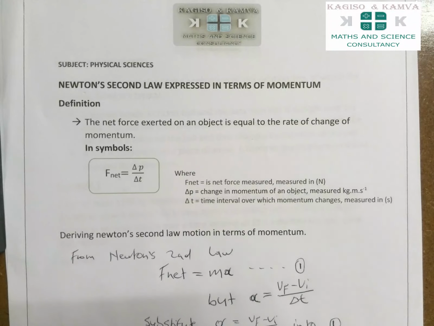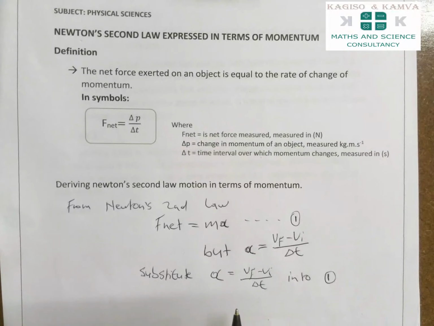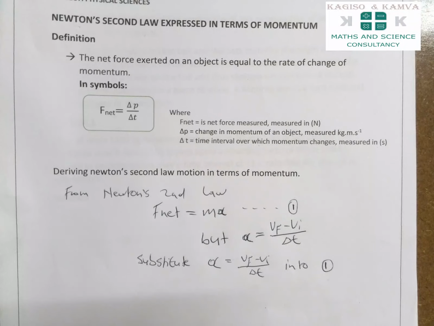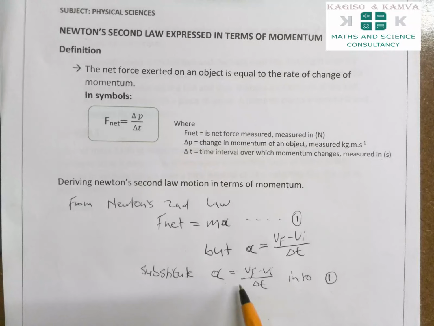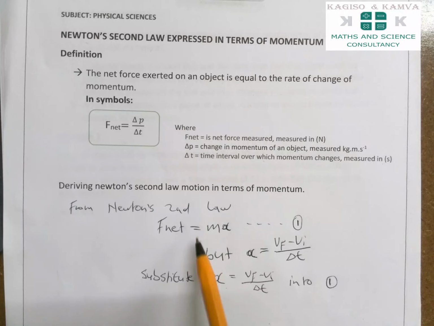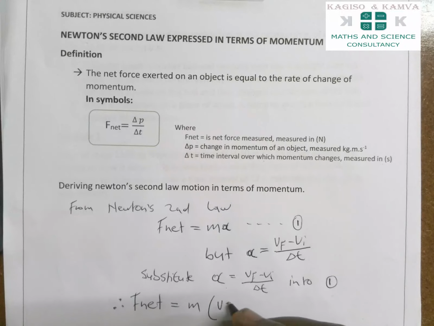If we take this a and substitute it into equation 1, we are going to have, therefore, F net is equal to m into Vf minus Vi over change in time.